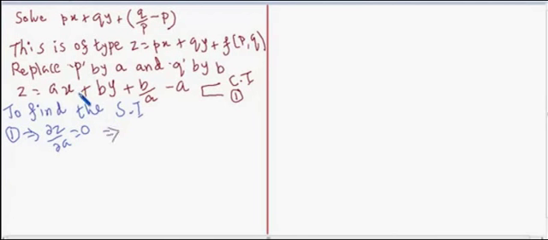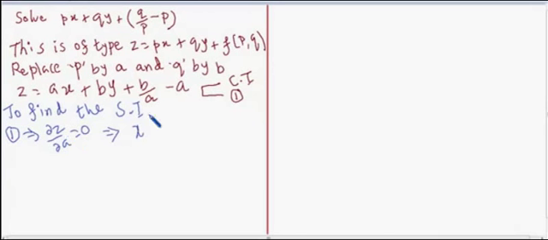Looking at equation number 1, on the right-hand side the first term is ax. Here x is treated as a constant, and the differentiation of a is 1. The second term is by; b is treated as a constant and y is treated as a constant. Since we are differentiating with respect to a, the differentiation of the second term is 0.